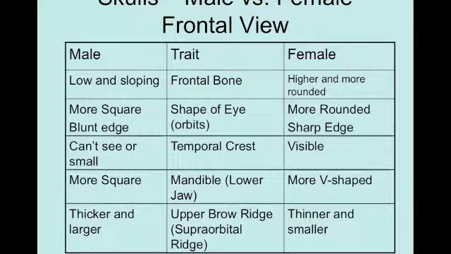The mandible, which is your jaw, and it includes your chin. So if you're looking at the front of the skull and you're looking at the chin, male skulls tend to be more square, and female skulls tend to be kind of V-shaped. And lastly, if you're looking at the front of the skull, where our eyebrows sit, is what we call the brow ridge, and that tends to be thicker, more noticeable on a male skull, and smaller and not as noticeable on a female skull.